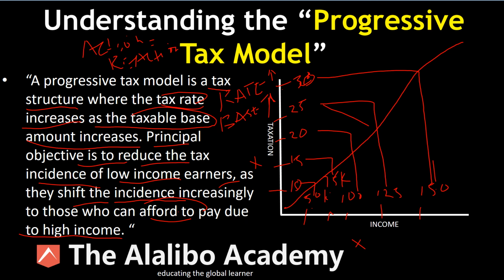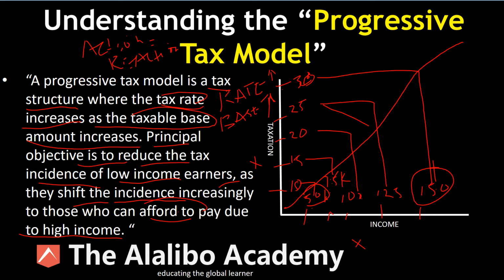Now, the way it works is, if you're making 150K, the first 50,000 is taxed at 10%. The next 25,000 is taxed at 15%. The next 25,000 is taxed at 25%, and the next 25,000 is taxed at 30%.